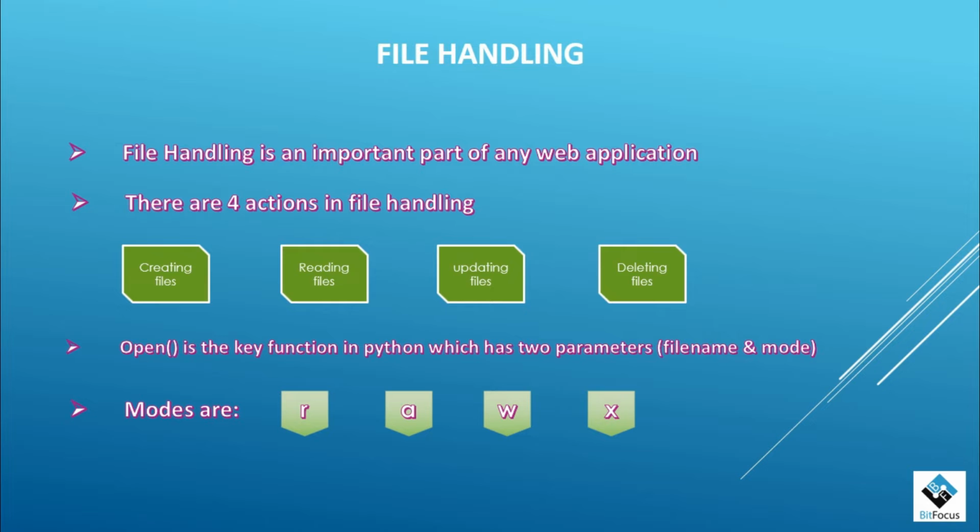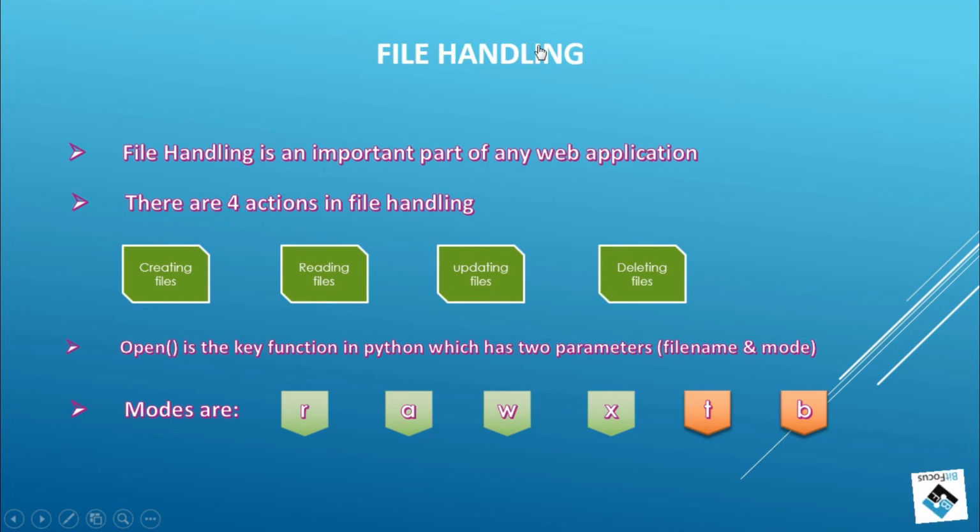There are two other modes: T is for text, when you want to work with text files, and B is binary, when you want to work with images. Please remember that R for reading and T for text are the default modes. They already exist, so if you do not add them, there is no problem.